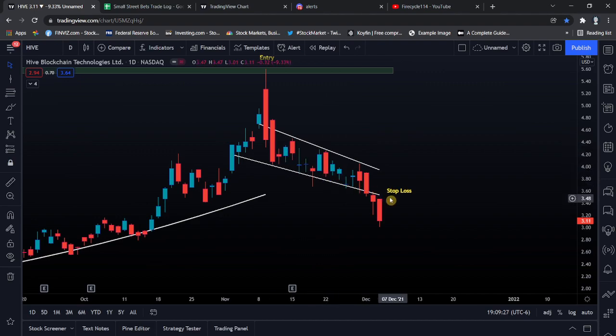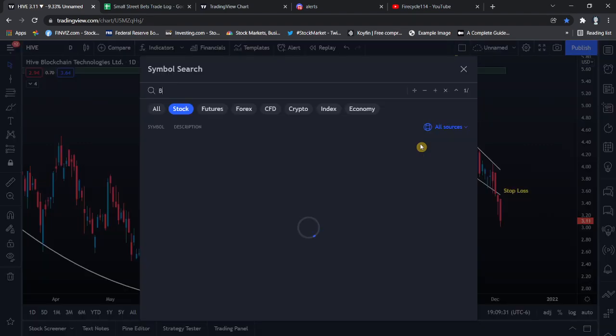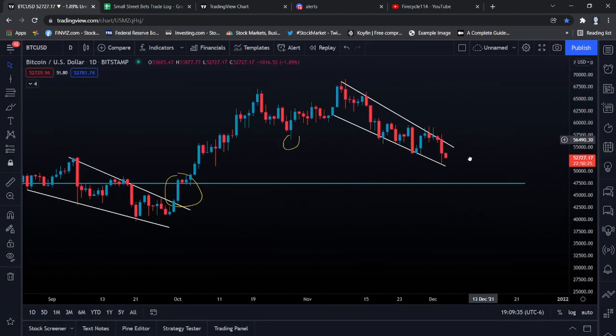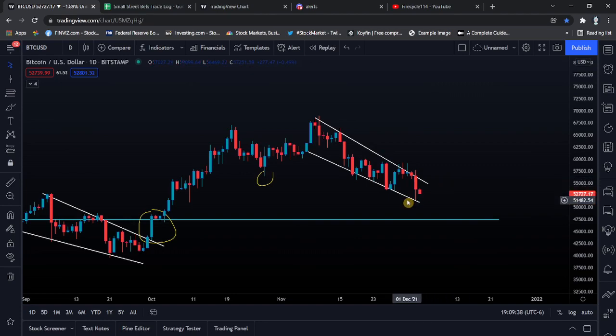Right when we broke this channel support, it started dumping on Hive, and Bitcoin just looked very weak. Even taking a look at Bitcoin right now, we're about to break this major support. So the overall market sentiment for crypto wasn't looking good. Those shares were supposed to be a month out, swing couple of month outs, even long term, but Bitcoin wasn't holding that level.